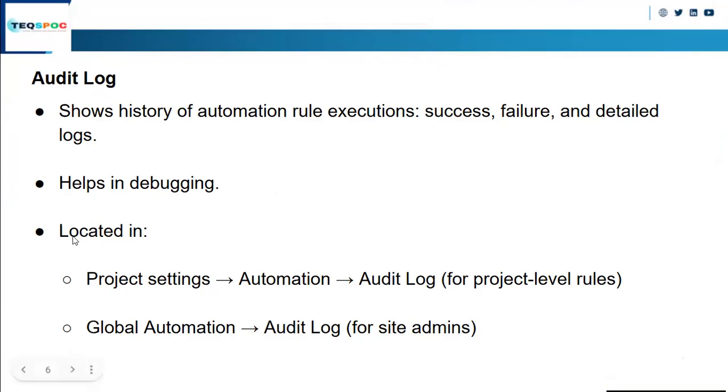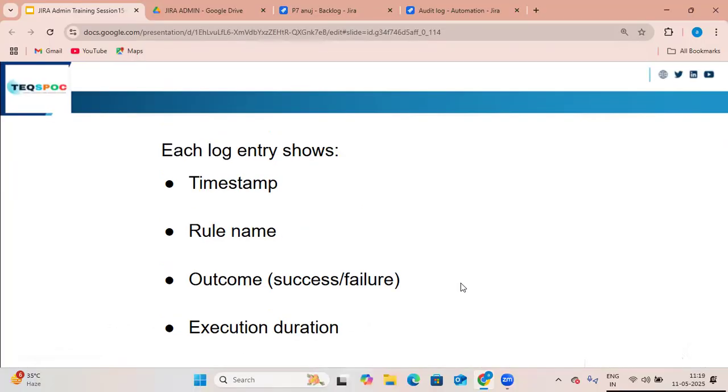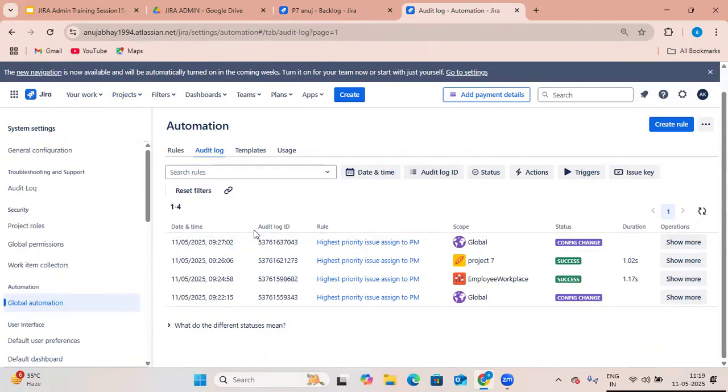It helps in debugging. It is located in project settings, automation, audit log. Audit log means there will be all the details related to what you have done. A global automation audit log is present as I have shown. Each log entry shows timestamp, rule name, outcome, execution duration, and a detailed message for each step.